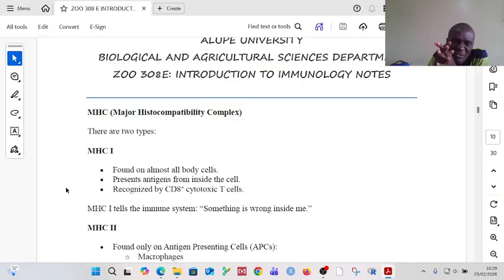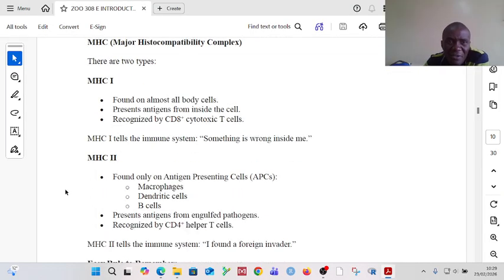You have MHC1 and MHC2. MHC1, the major histocompatibility complex 1, is a type of MHC that is found on almost all cells. It displays antigens from inside the cell.